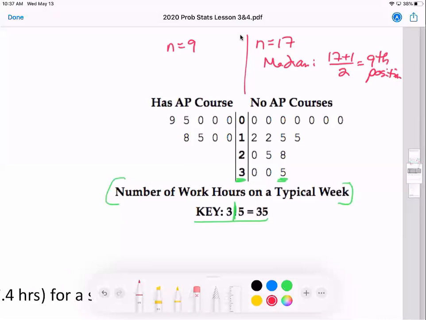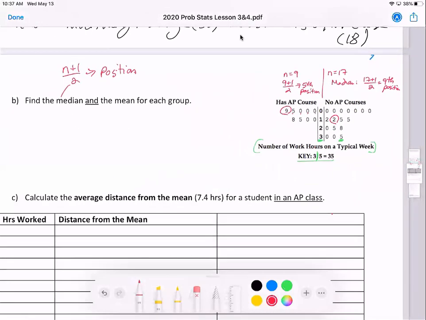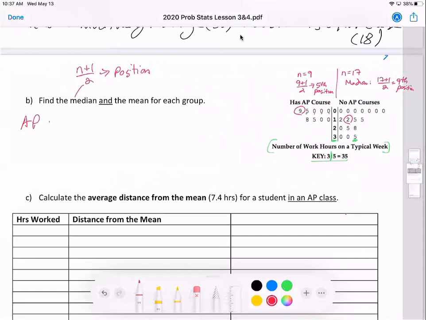Compared to on this side, we'd have 9 plus 1 over 2, which is going to be the 5th position. So 1, 2, 3, 4, 5, that's the median. Then the 9th position, 7, 8, 9. So the median for AP course is 9. And then the non-AP students, the median is 12.